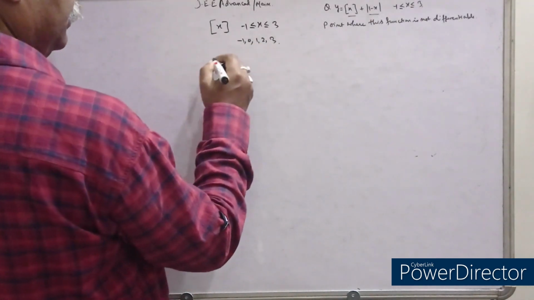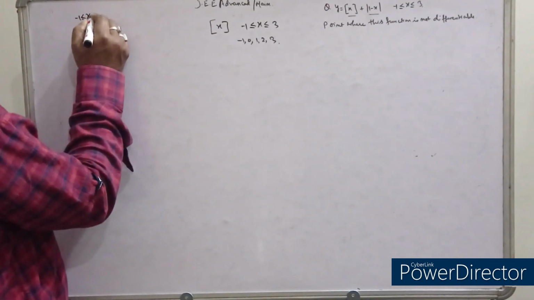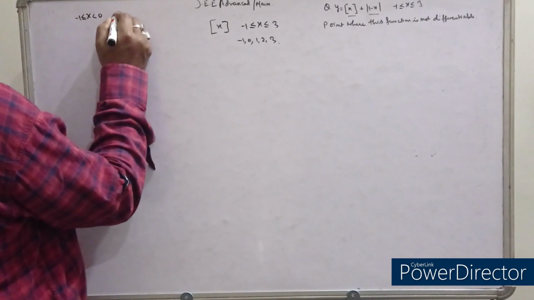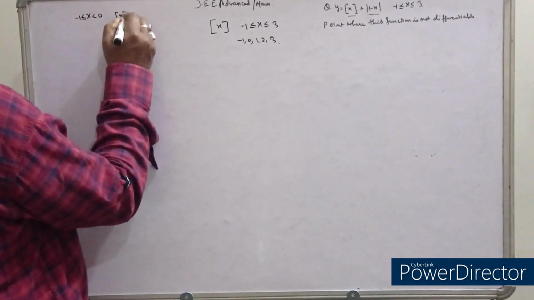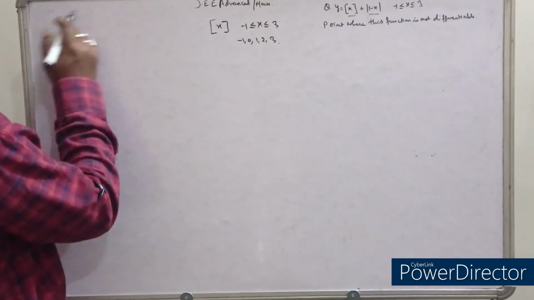Now for x greater than or equal to -1 and less than 0, your greatest integer will be, sorry, I have to say it in the opposite direction.